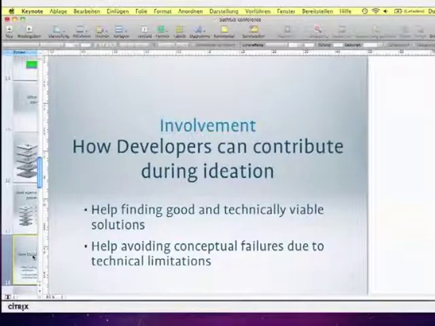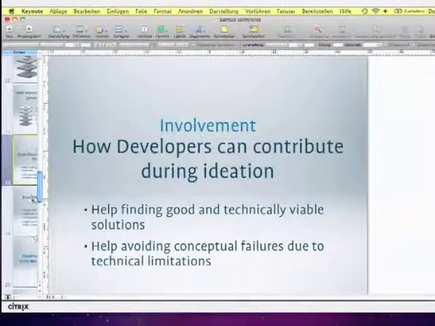Also, a lot of conceptual failures are avoided because you can point to technical limitations, to stuff that will not work, to things that just are impossible. And that can be a really great help in terms of avoiding loss.